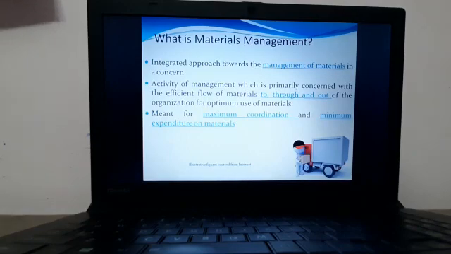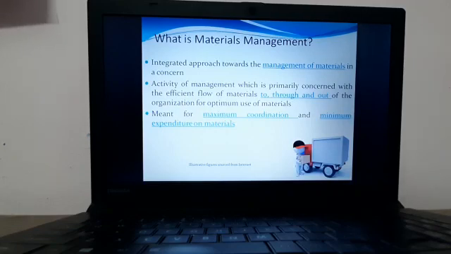And what all things are we supposed to do in this activity of management? We are more concerned about the efficient flow of materials into the process, passing through the process and coming out as the final product by means of the optimum use of the materials.